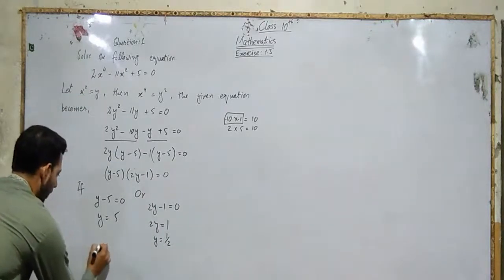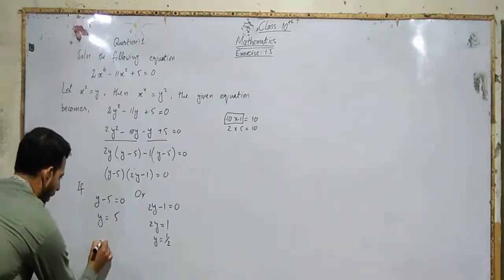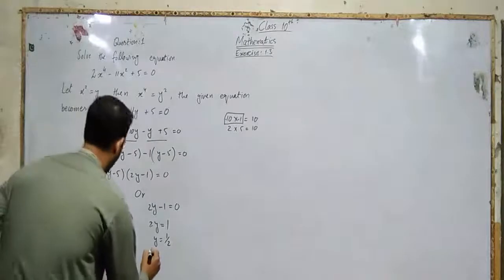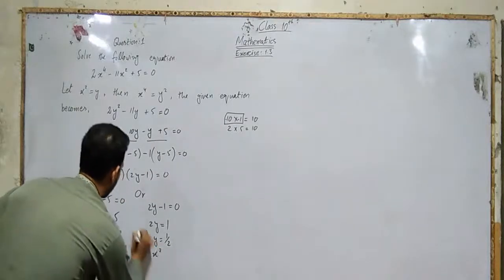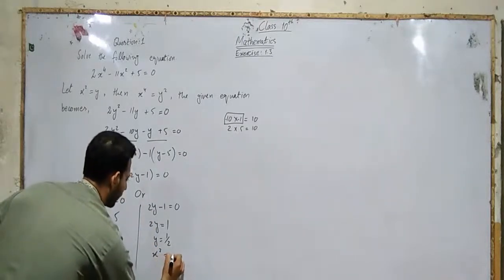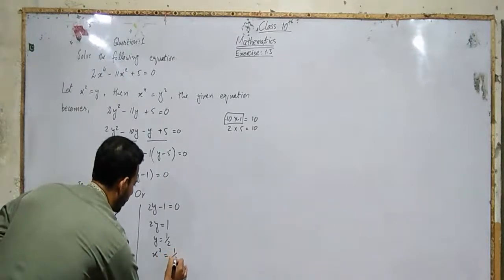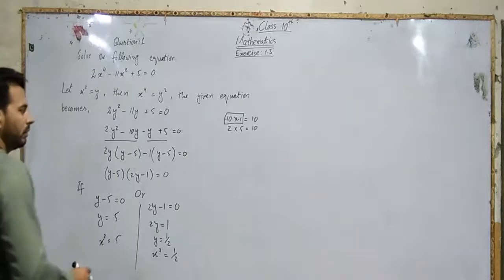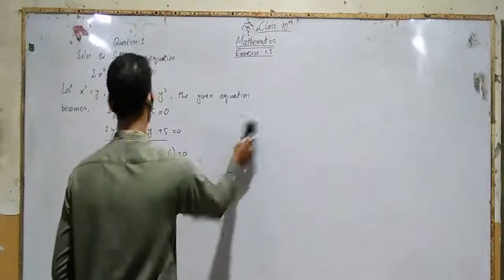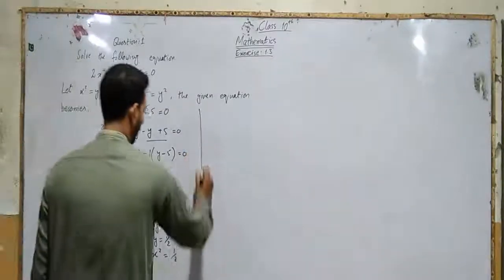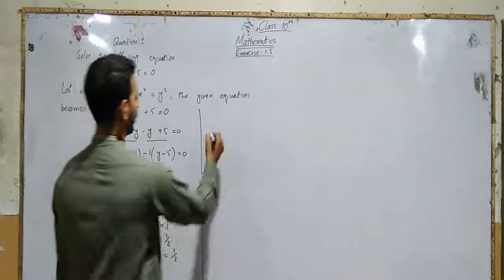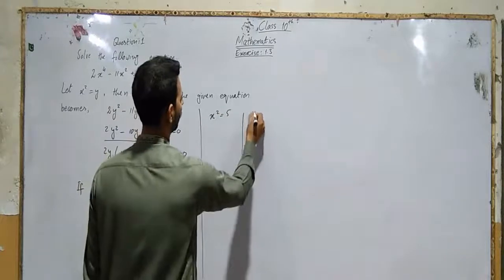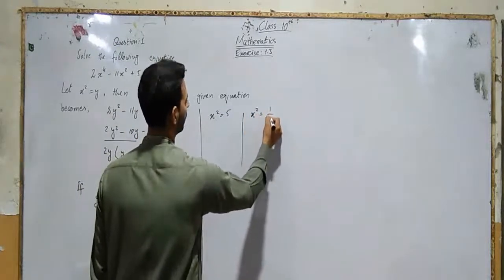That will be x square equals 5, or x square equals 1 over 2. So x square equals 5 and x square equals 1 over 2.